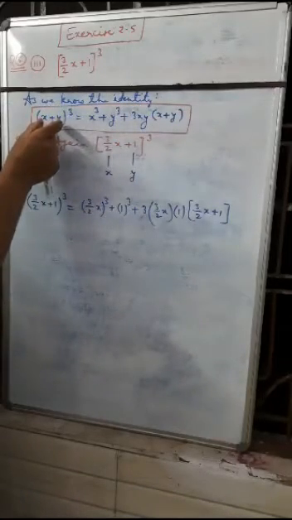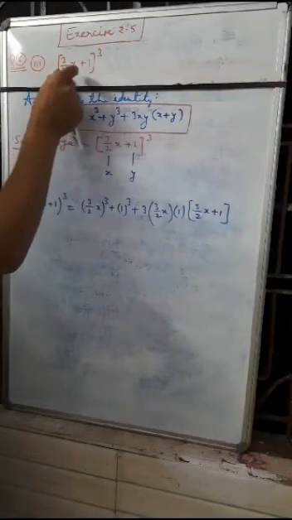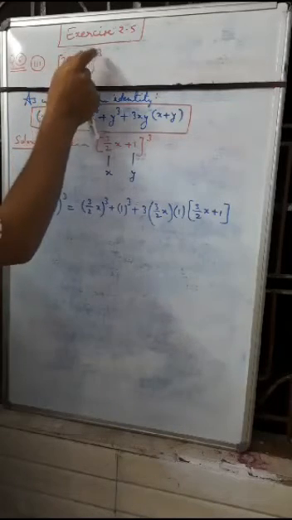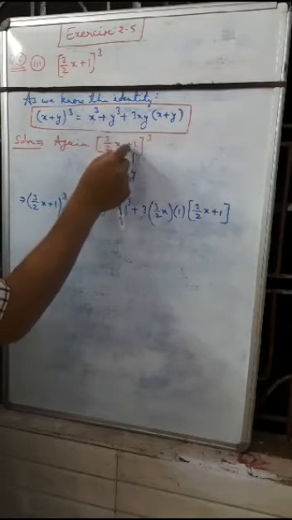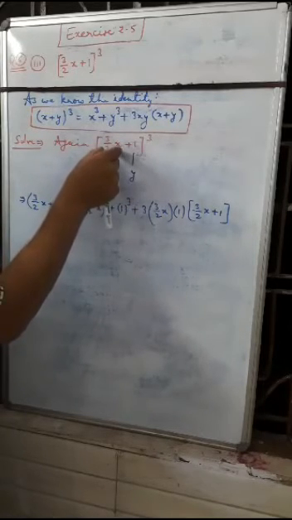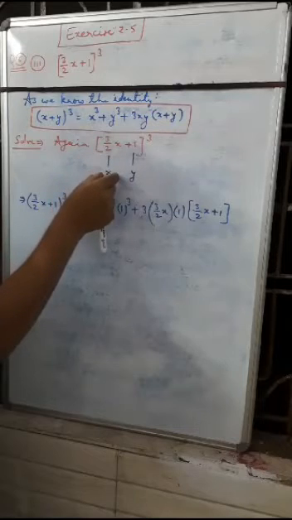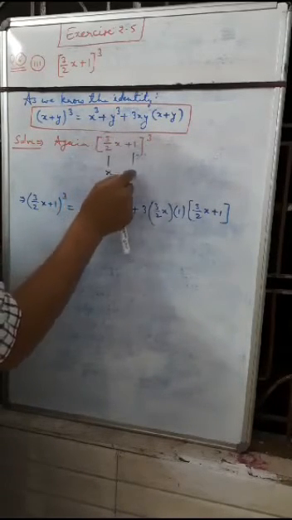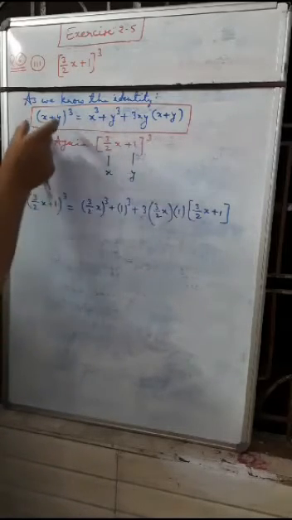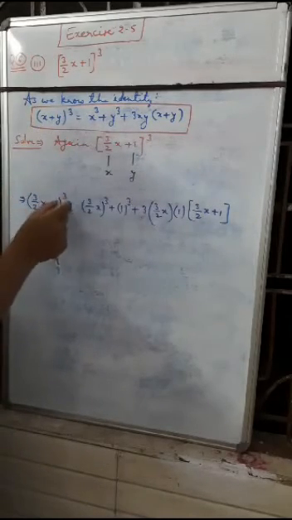So in place of x plus y we are having 3 by 2x plus 1 whole cube. Here 3 by 2x is similar to x, and 1 is similar to y. Now the equation becomes x plus y whole cube.